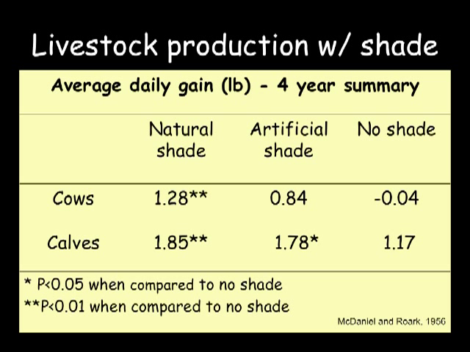What you see is there's over a pound per day difference between those cows that had no shade versus those cows that had access to artificial shade. The calf seems to be buffered a little bit more. Perhaps they're sucking on mama, so that doesn't mean as much relative to the nutrition. Maybe they're standing in mama's shade. They're still gaining more, 0.7 of a pound per day, than those calves that had access to no shade.